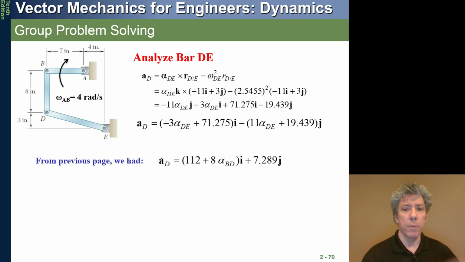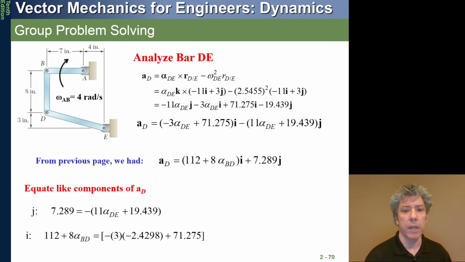Now what we can do from the previous page is bring in the other acceleration expression we have, and equate the I components of those two vectors. Oh, I see. They've equated the j components first.